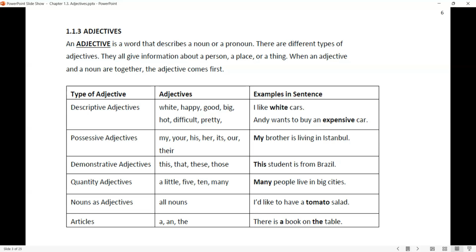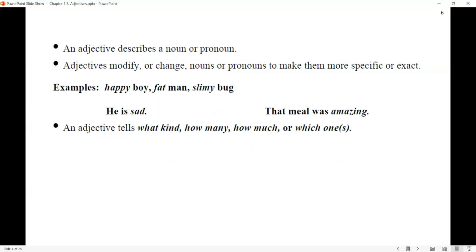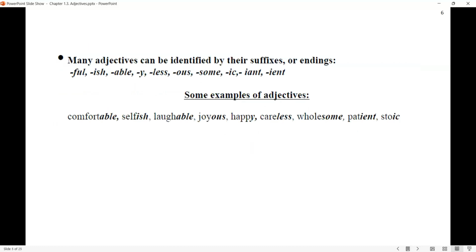And articles, we talked about the articles before. Here I have more examples like happy boy, fat man, slimy bug, he is sad. Here we have a linking verb. That meal was amazing. Again, you have a linking verb. And an adjective tells what kind, how many, how much, or which one.